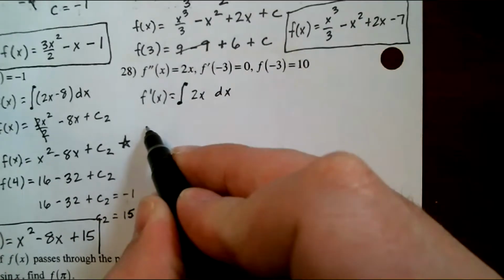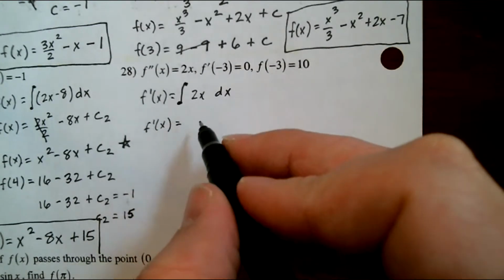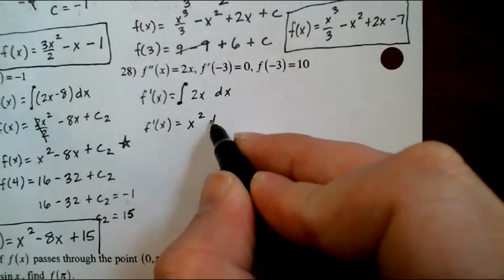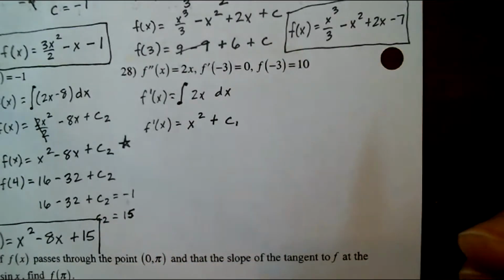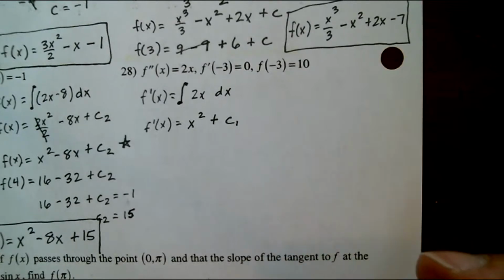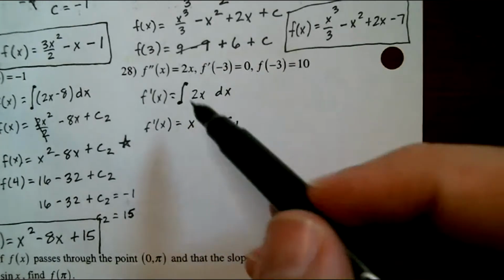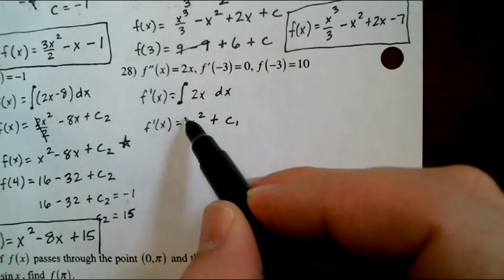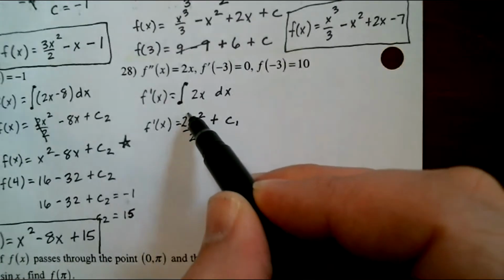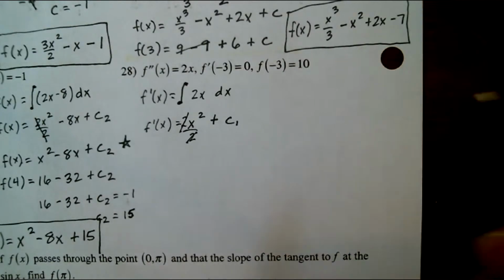So then f prime of x would actually be x squared, and then plus c, and I'm just going to call that c sub 1. I kind of skipped a step there, but obviously that's a constant, add 1 over 2. So that's where I was canceling those two. Sorry about that. So x squared plus c.